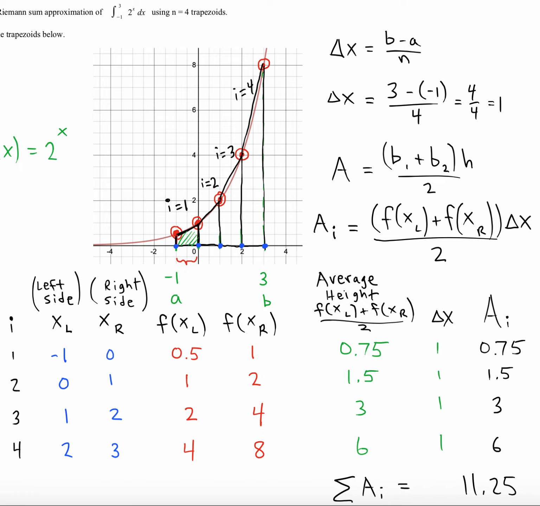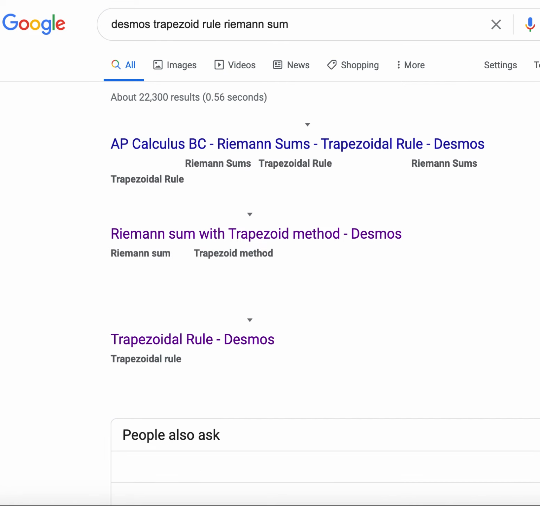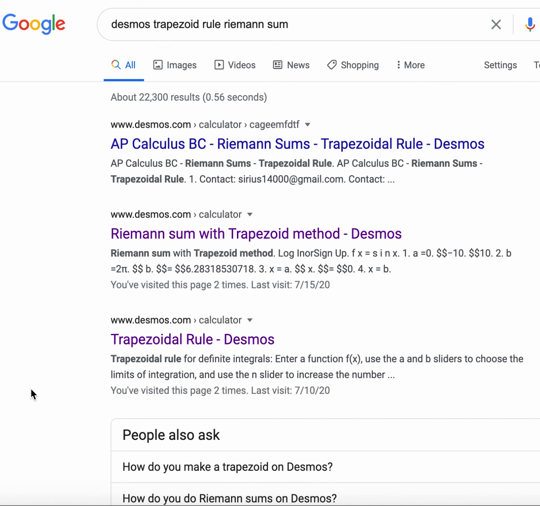Now we can use a web app to calculate the trapezoid approximations as well. In a search box, type in Desmos trapezoid rule Riemann sum. And you'll just want this one here.